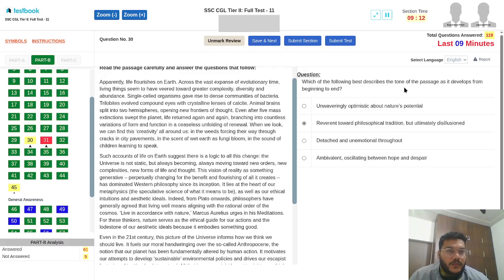Which of the following best describes the tone of the passage? Unwaveringly optimistic, wrong. Detached and unemotional, wrong. Ambivalent, oscillating between hope and... does not oscillate. Reverent toward philosophical tradition but ultimately disillusioned.